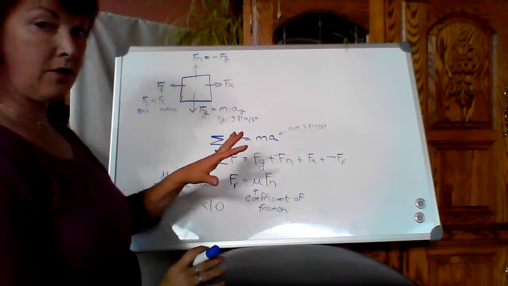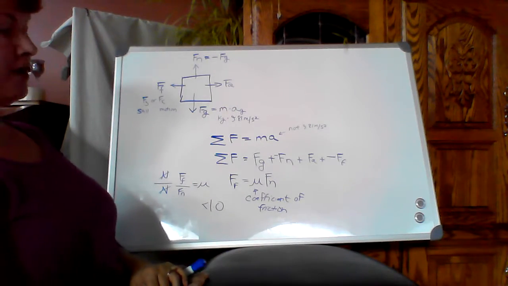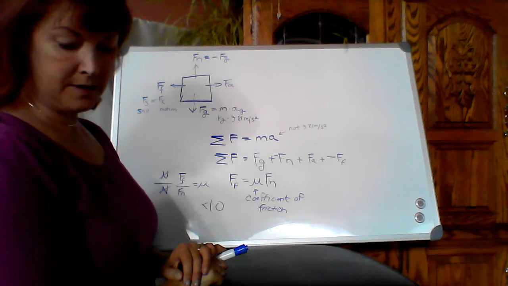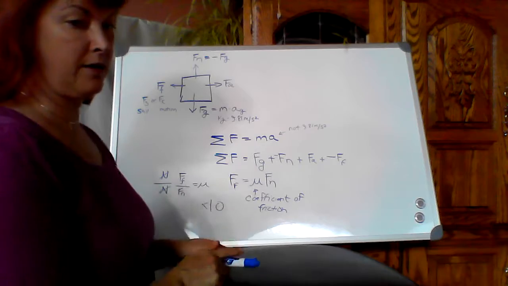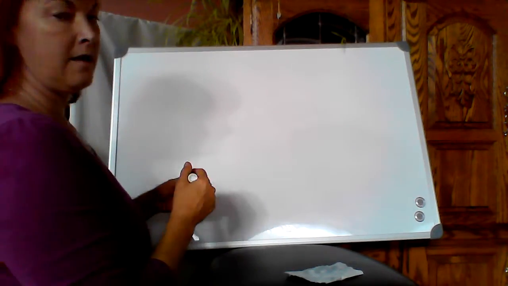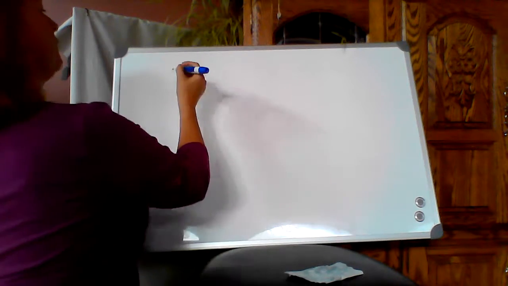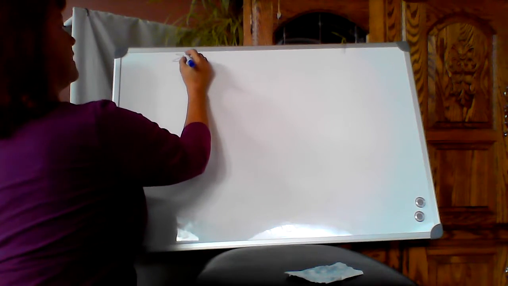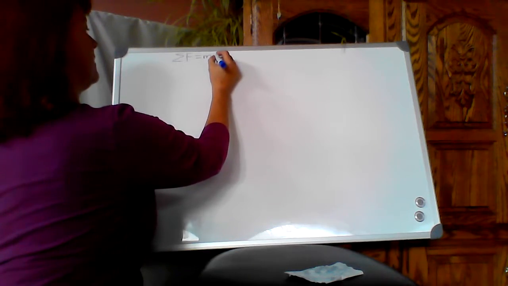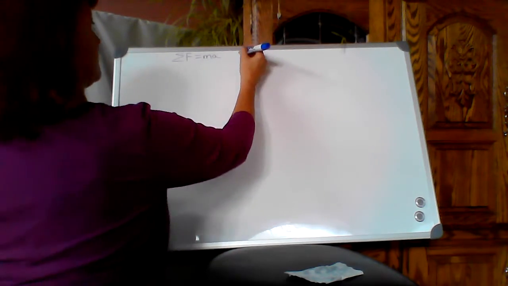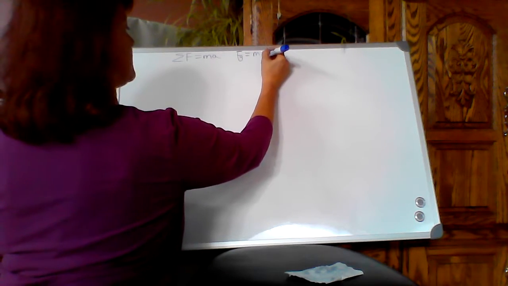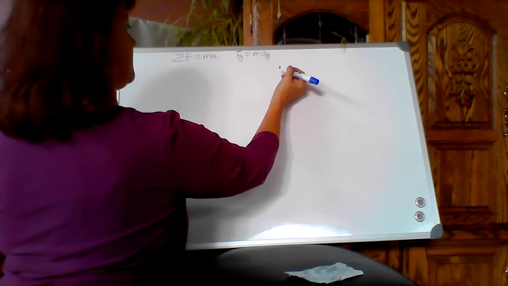So those are all the formulas that we're going to need to know, and so then we will work through a problem to see how we can apply these formulas. Okay, so I'm just going to rewrite our formulas up here. We have our sum of all the forces acting on an object equals mass times a certain acceleration. We have our force of gravity, that equals mass times the acceleration of gravity.